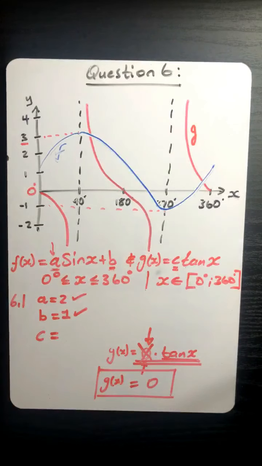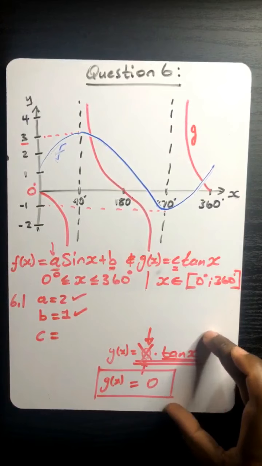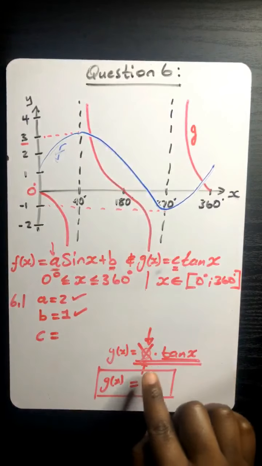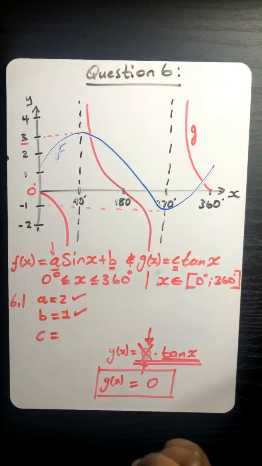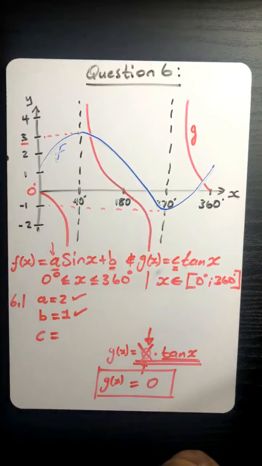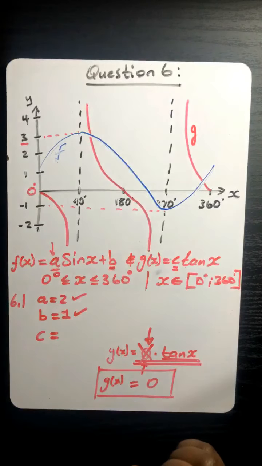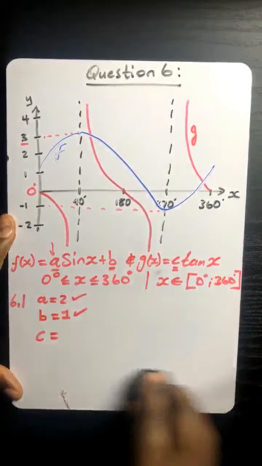The honorable member who said 0, can you see why it cannot and can never be 0 there? Okay, I'm just going to make an assumption that she can see that.